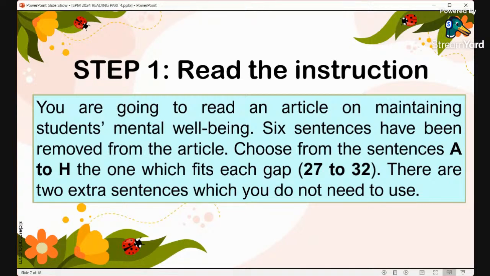Earlier when we did part 2, I chose artificial intelligence, something very relatable to all of the Form 5. This time I also chose something that I think is the famous topic that everyone is talking about: mental well-being, regardless of your age, how to maintain your mental well-being.